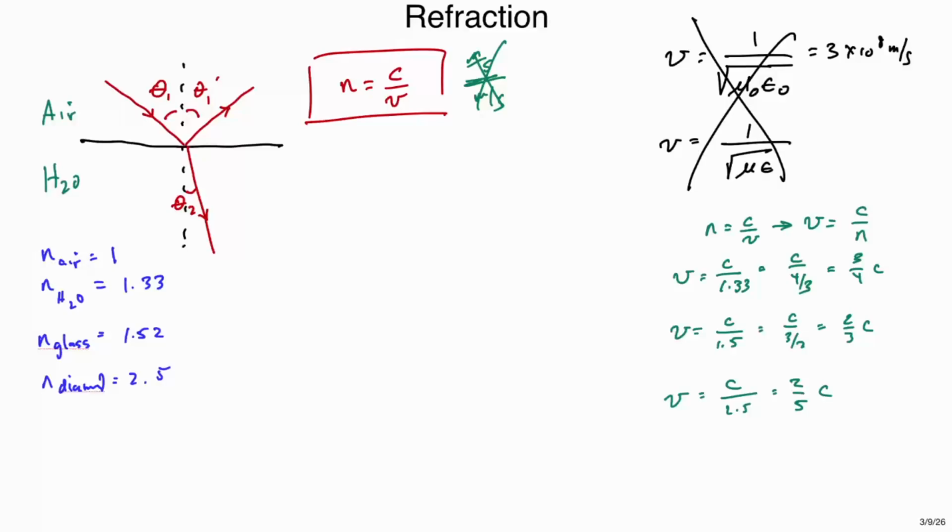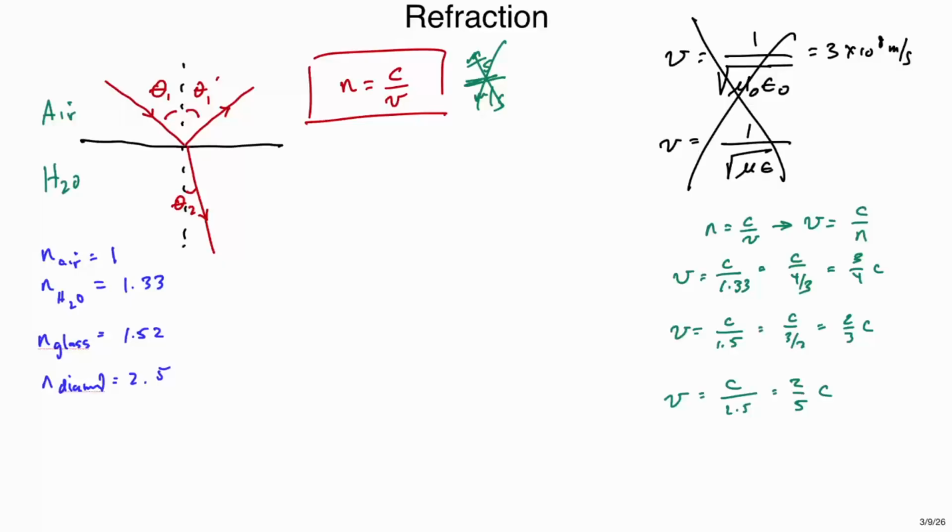Okay, so index of refraction is the way that we're going to keep track of how fast light is moving in a material. And this matters because the amount of bend for that second ray, the refracted ray that ends up here in the water in my example, completely depends on the index of refraction of that water.